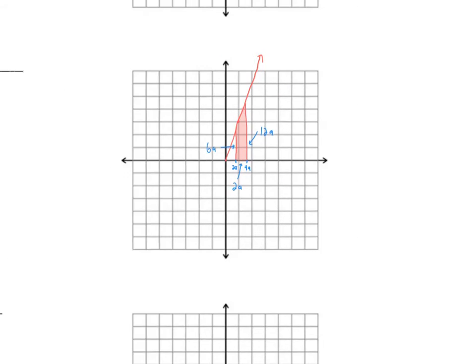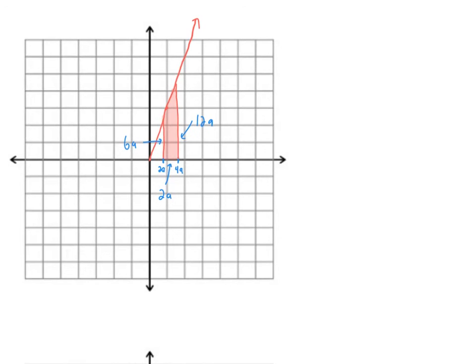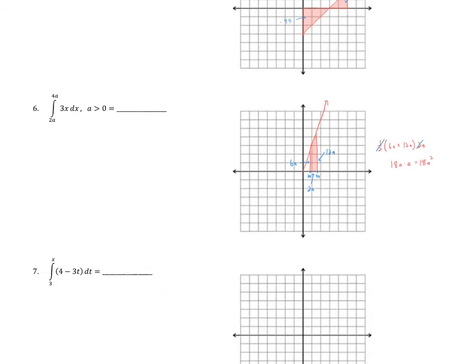All right, and then we just do area of a trapezoid, just like if they were numbers. Doesn't matter that there's a's there. So you do 1/2 sum of the bases times the height. Okay, this 1/2 and the 2 cancel. So this is 18a times a, so 18a squared.